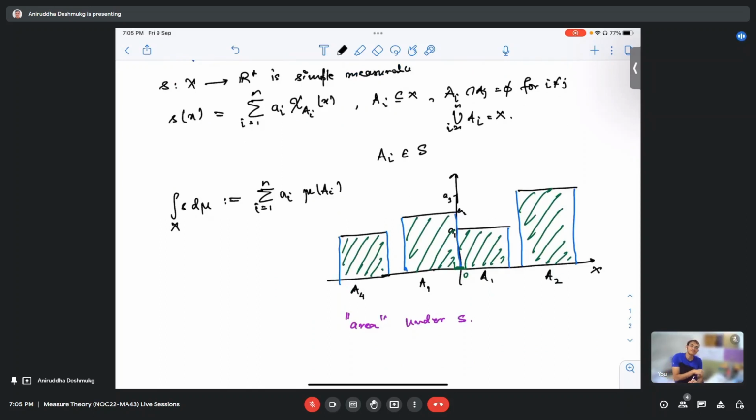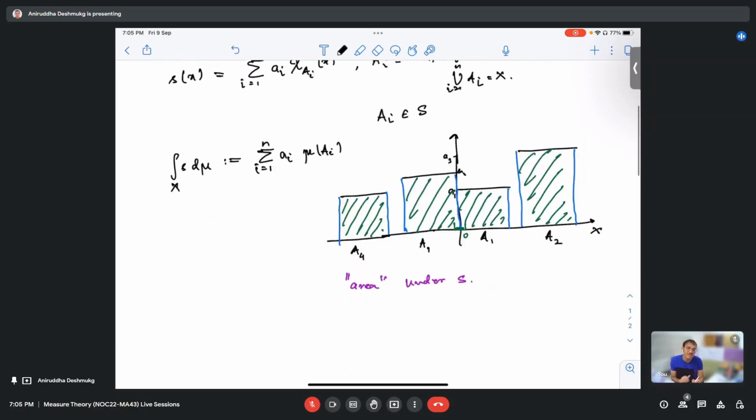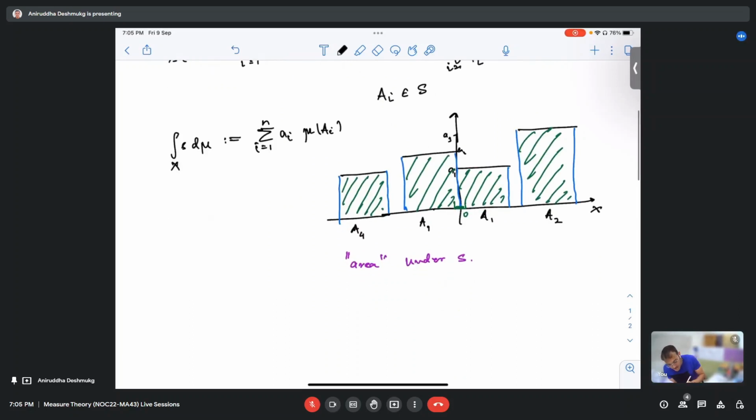So, okay, given this definition of simple function, we extend this to non-negative measurable functions by looking at sequences of simple functions that converge to the given function. And that is possible because of some construction we had seen in the previous week. And later on, maybe I'll write it.